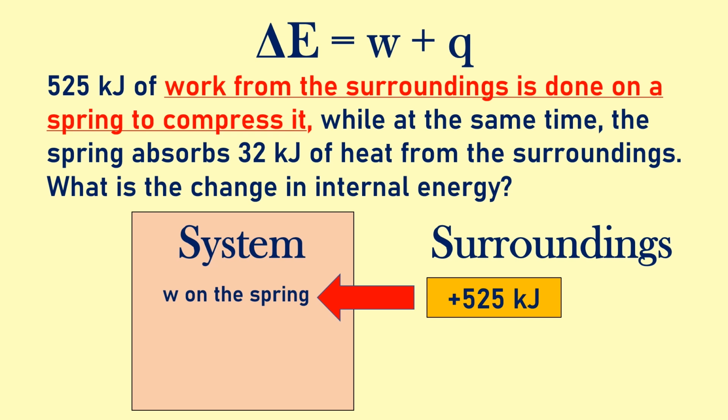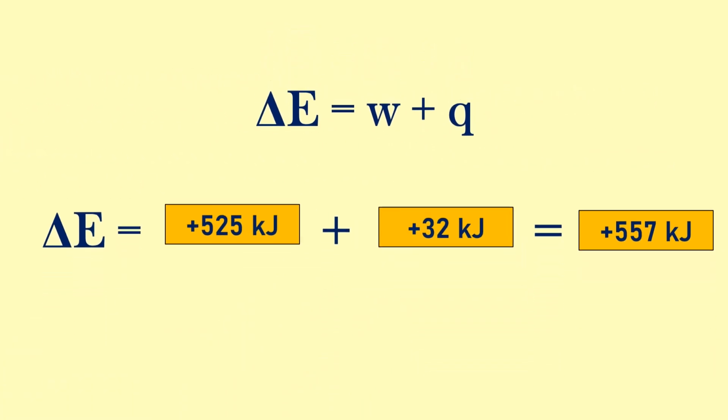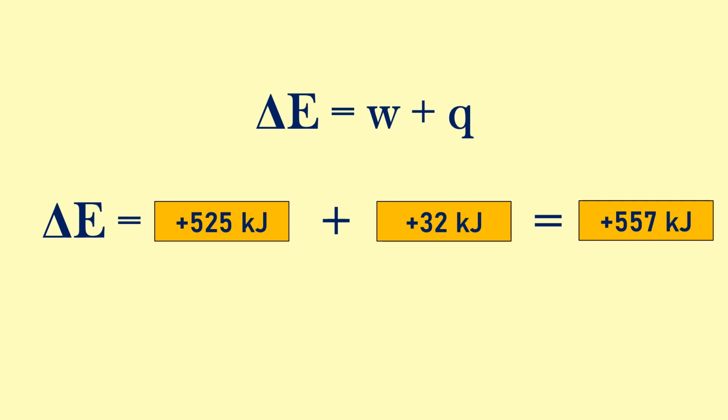Next, the spring absorbs heat from the surroundings. You can think of heat going into the system. In this example, 32 kilojoules of heat goes into the system. Again, note the positive sign in front of 32 kilojoules. Let's insert these values into our equation. The change in internal energy is positive 557 kilojoules. The system has a net gain in energy.